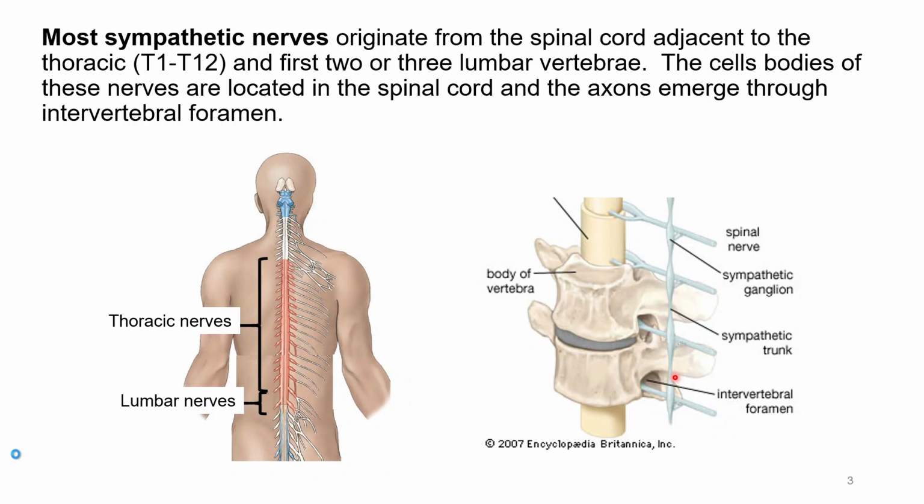The sympathetic nerves are the horizontal lines in blue here that are coming out from the spinal cord through the intervertebral foramen, and they are going to synapse up and down the sympathetic ganglion chain right here.